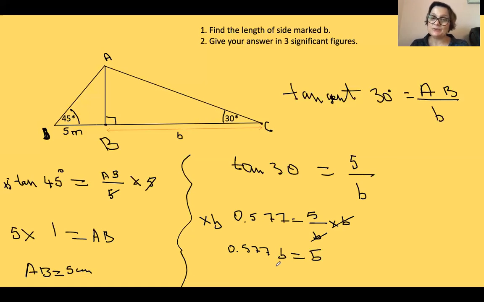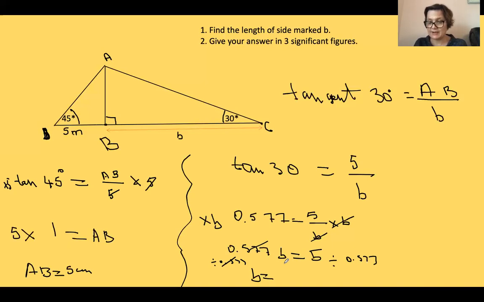To find B, you divide by 0.577 both sides, to cancel the 0.577 on the left-hand side. That's how you cancel the coefficient in front of the variable B. So let's find out the answer now.